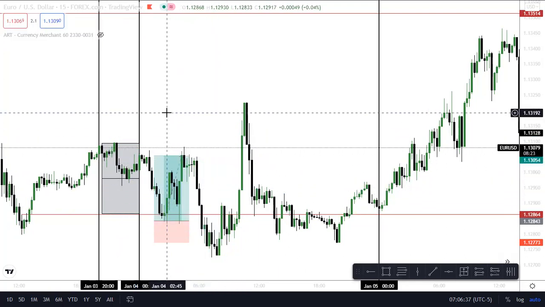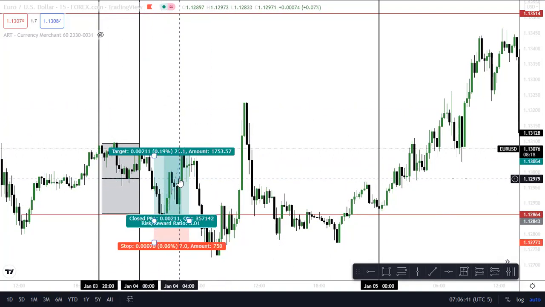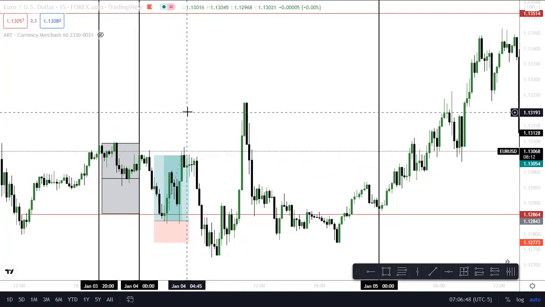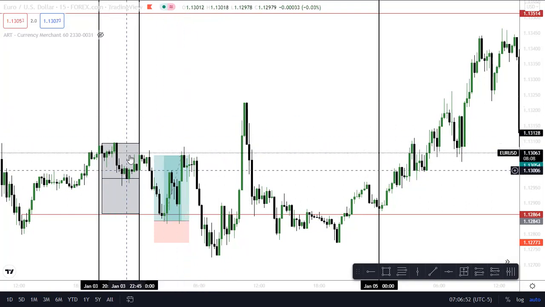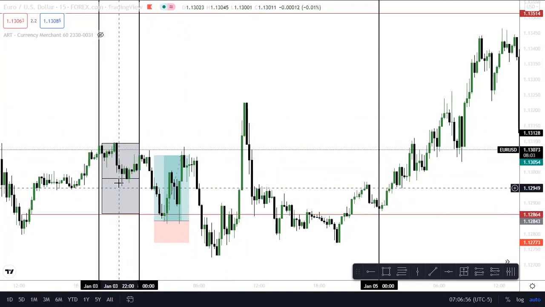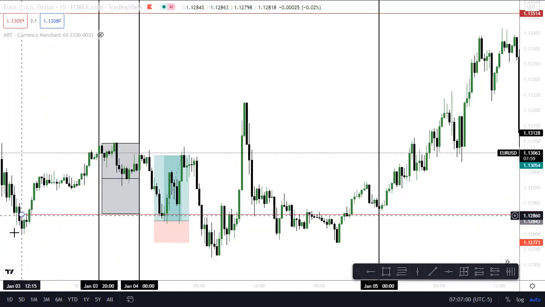This is the important part. Before price does any of this, what you have here is a plan, all right? This is a plan or a model, if you will, for what your next trade should look like. We have the Asian range information. We have one deviation down of the Asian range that coincides with a bullish order block.